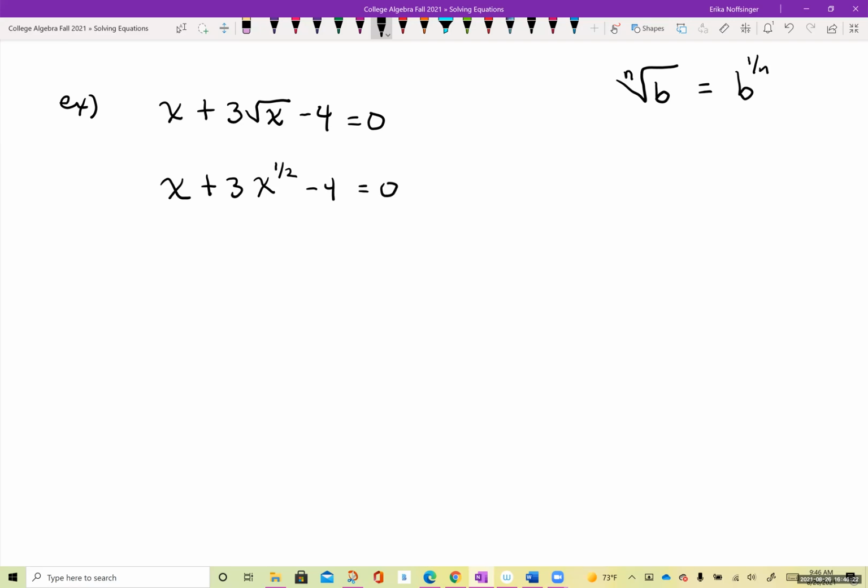And so if we choose u to equal x to the 1/2 power, we'll recall that power to power with exponents is multiplication.